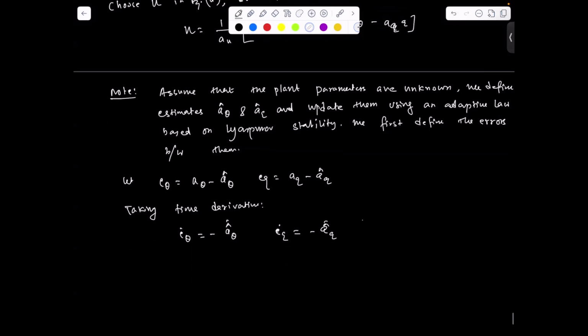Since these are the stability derivatives, they have numerical values, so A theta and AQ are constant.